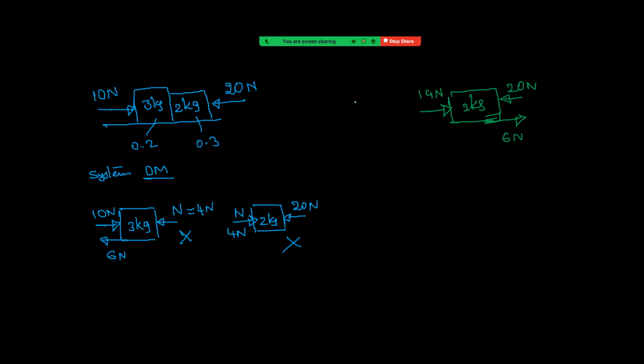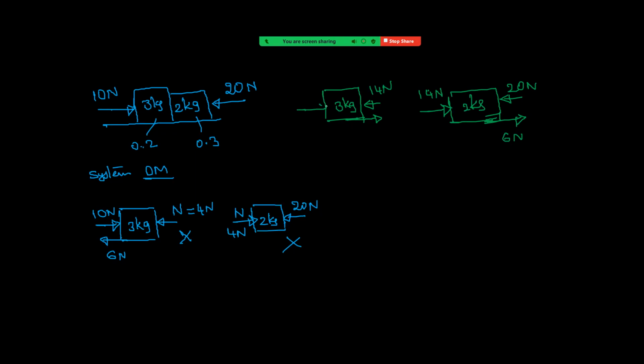Now come to this side, the 3 kg block. By the 2 kg block on the 3 kg block, normal reaction is 14. Right? Next, here friction limiting value is 6, so this comes into the picture. But remember, before deciding friction, first focus on the forces acting here.